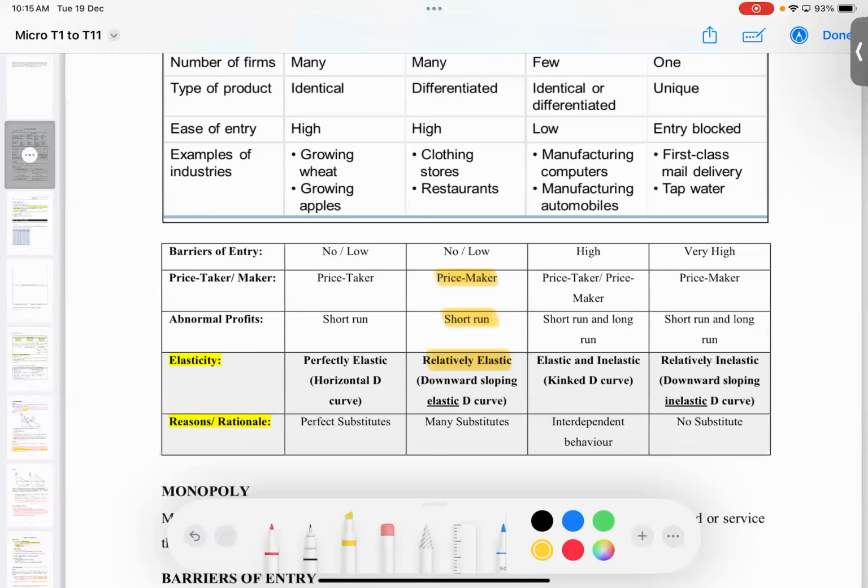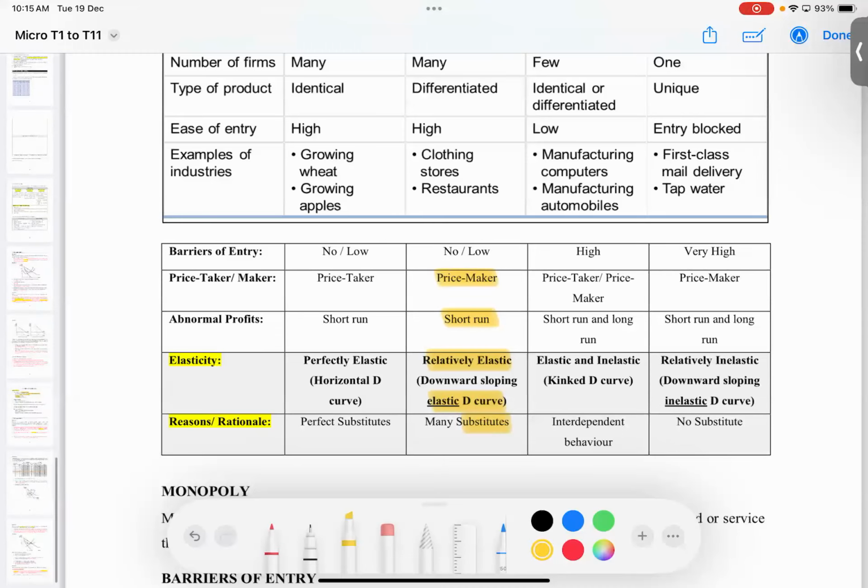That means if you simply increase the prices, you will see a huge percentage fall in the quantity. So when you say very elastic, your demand curve is still downward sloping, it's just more elastic. And why is that so? Because there are a lot of substitutes in the industry itself. This basically sums up the characteristics of monopolistic firms.